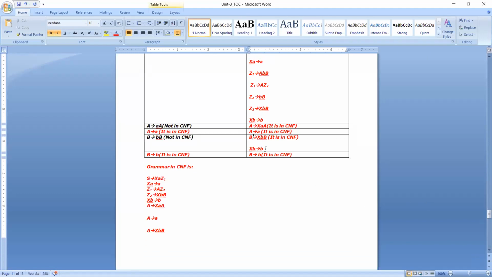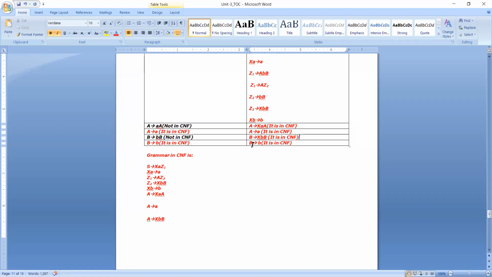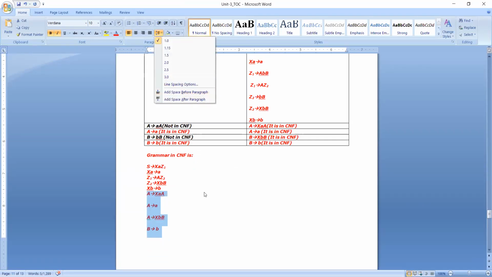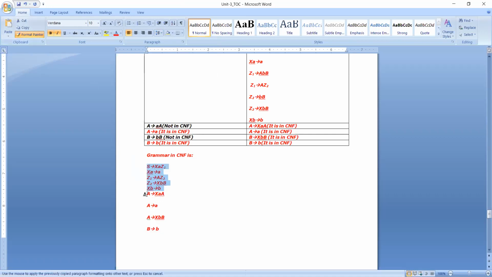As we already have xb derives to b, this is not required for us. Then finally we can write B derives to b. This is the grammar which we get after converting into the corresponding normal form, especially the Chomsky normal form.